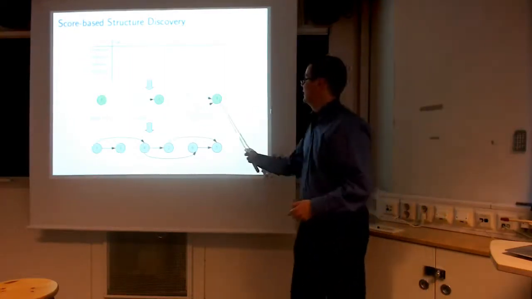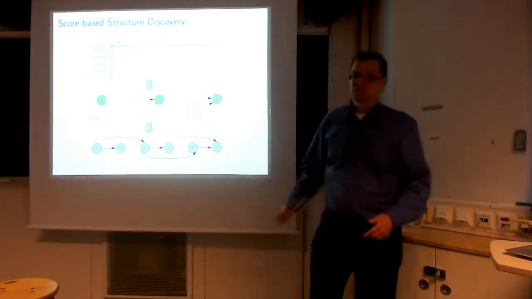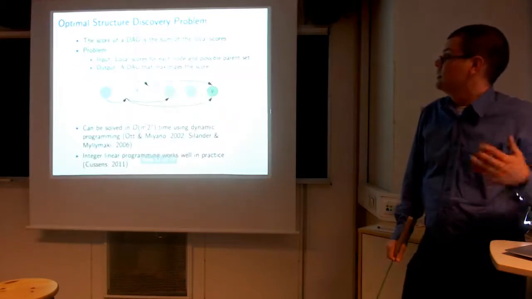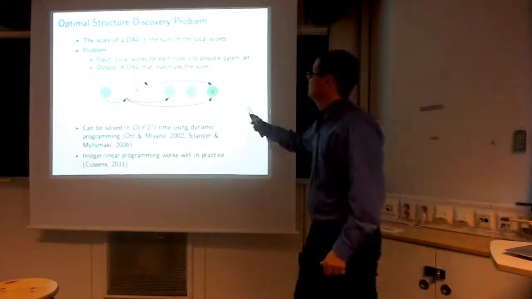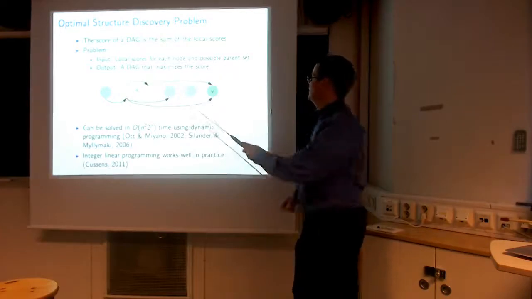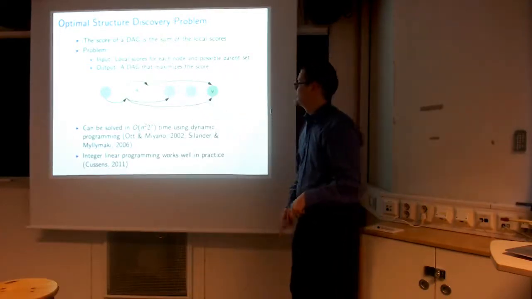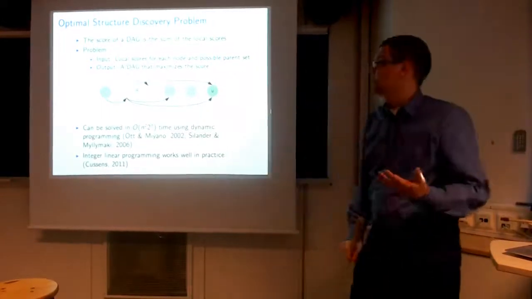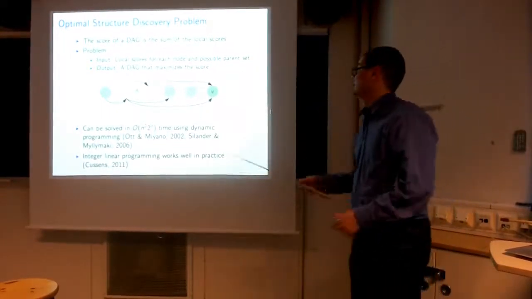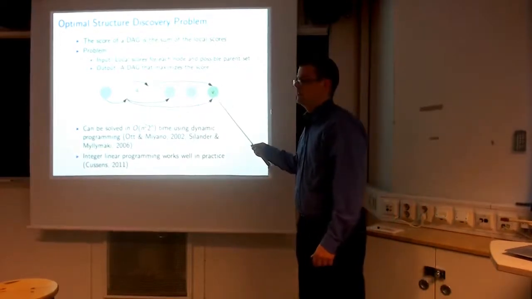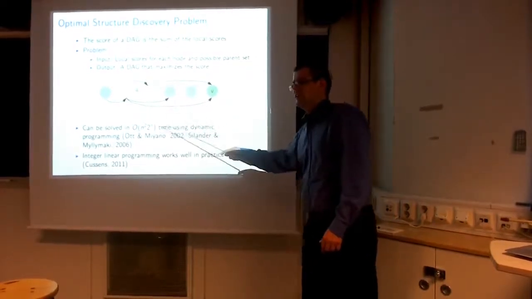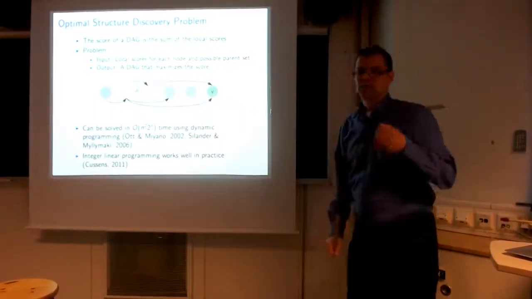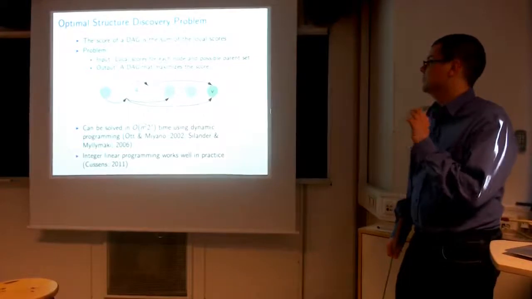Once we have these local scores, this is a combinatorial, discrete problem. So here is the computational problem: we have local scores, and we want to find a directed acyclic graph that maximizes the score. For each node we choose a parent set, with the constraint that the graph has to be acyclic.